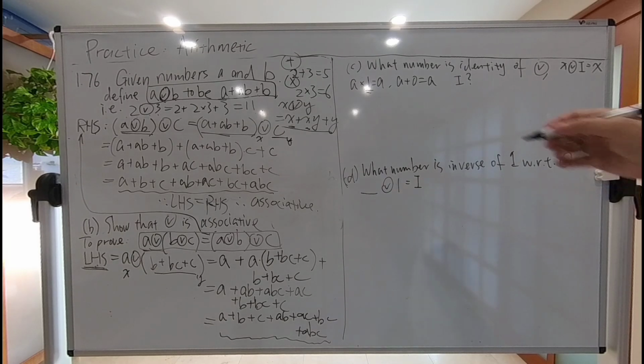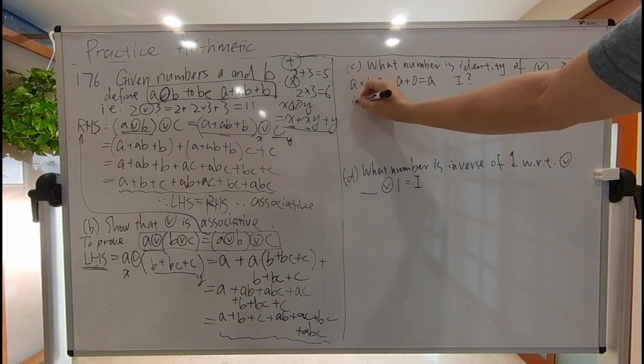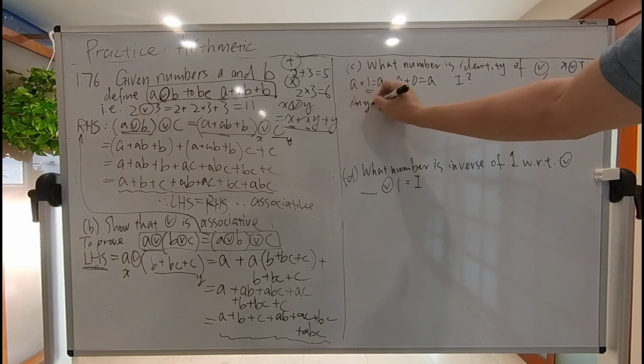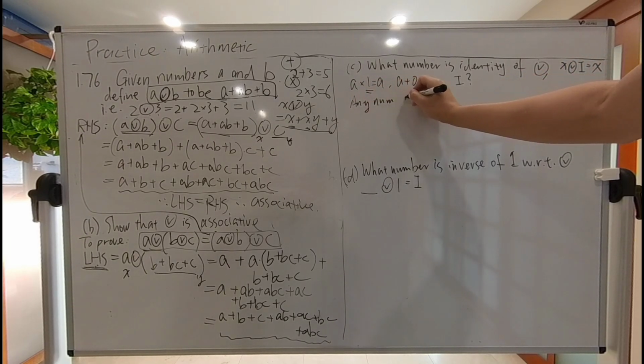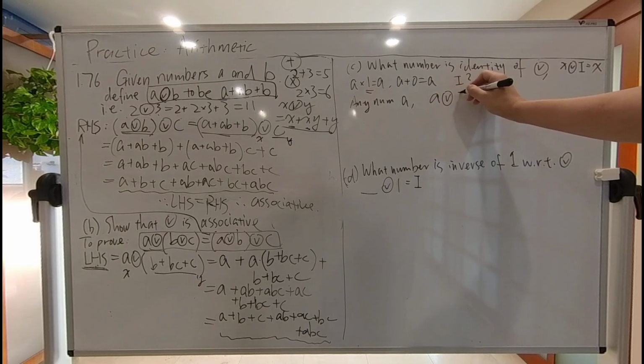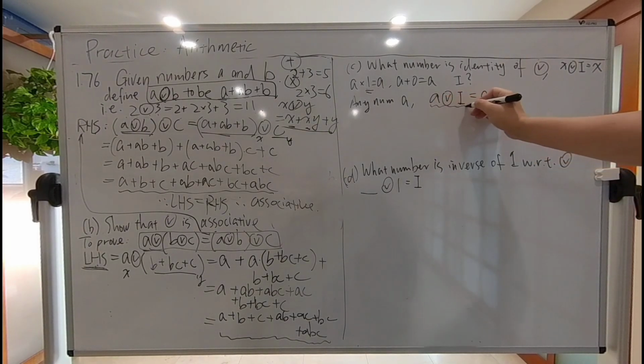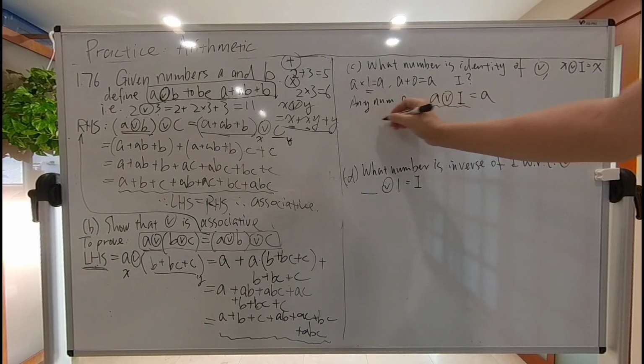So which means I need to know, for any number A, I want A operating this unknown I to still equal A. So let's see what it really looks like on the left hand side.